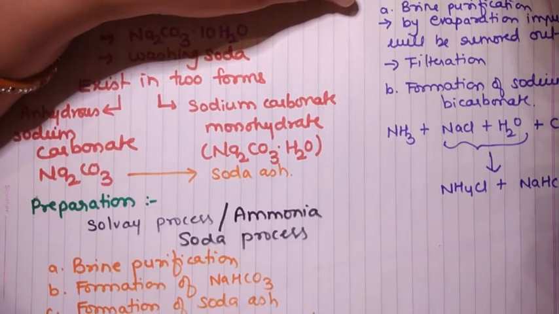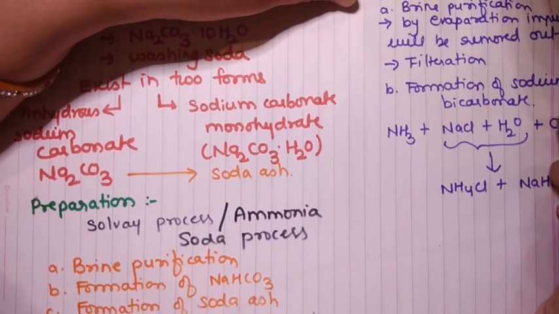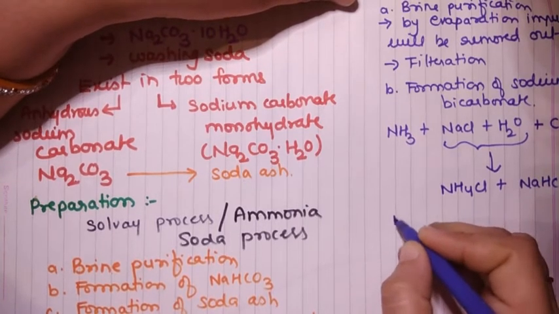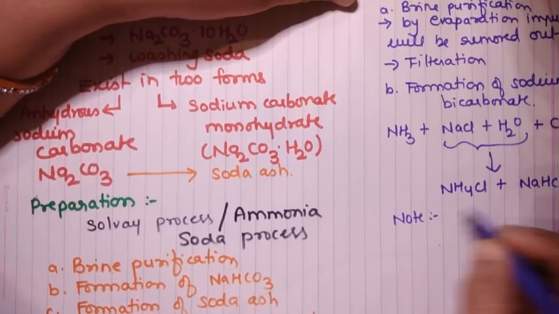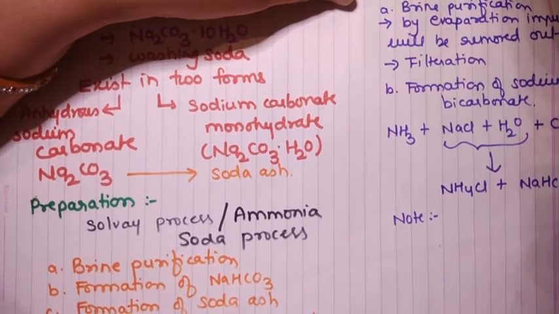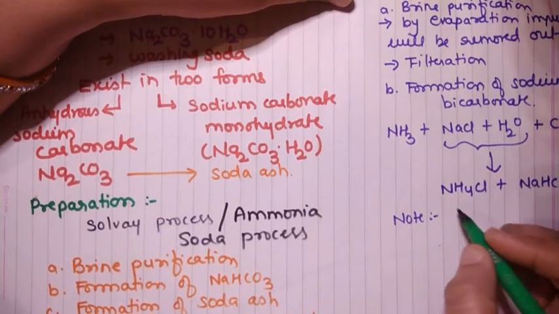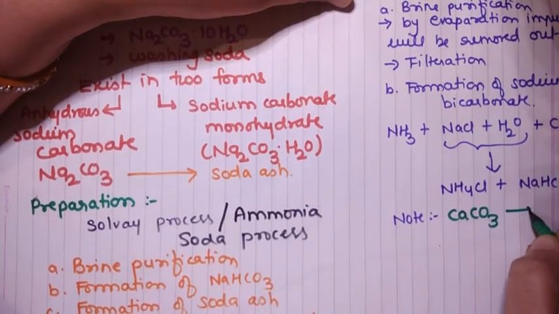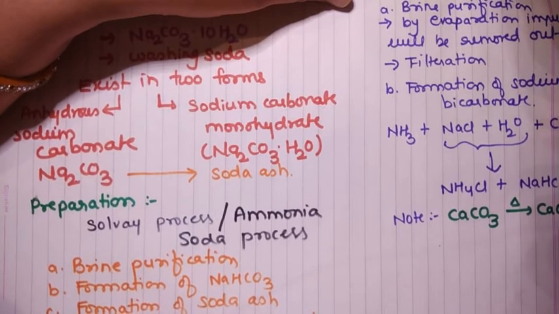Now we can write a note here about where this CO2 gas is procured from: it is procured from the heating of calcium carbonate, and you will get calcium oxide plus CO2 gas.